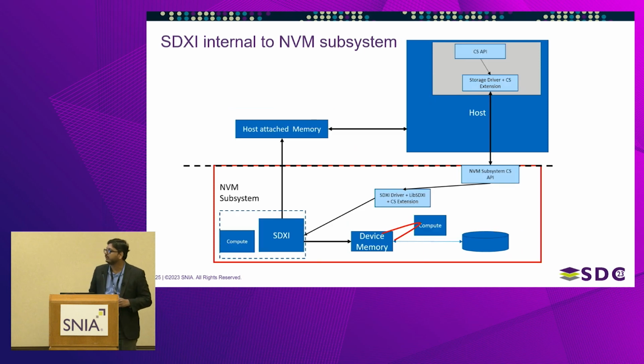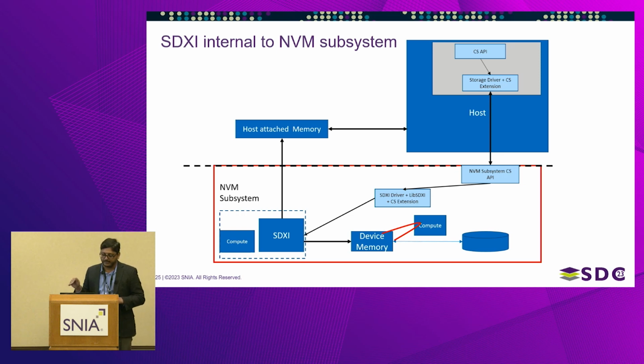If the SDXI instance were internal to the NVM subsystem, now the SDXI is performing the data movement between host memory and device memory, but it needs a producer inside the NVM subsystem. So a producer in this case is the SDXI, the computational storage API southbound of the storage driver on the host that is driving SDXI within the NVM subsystem.